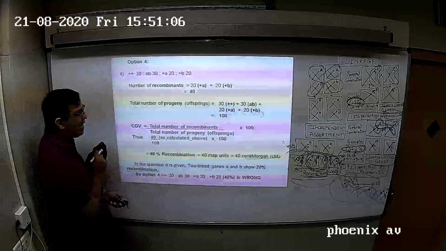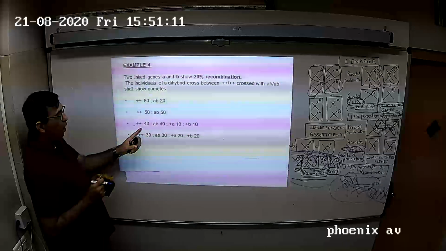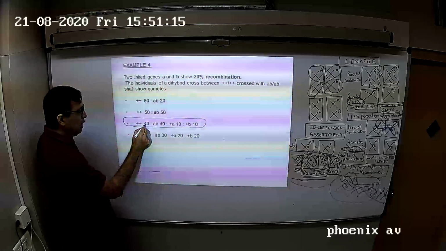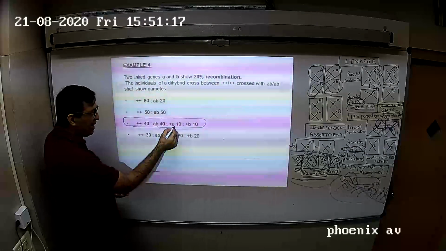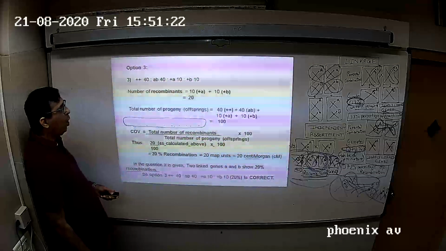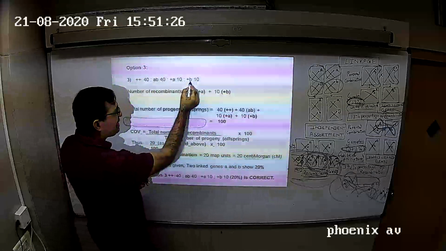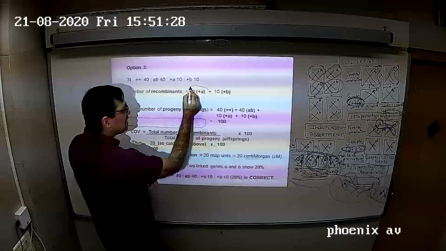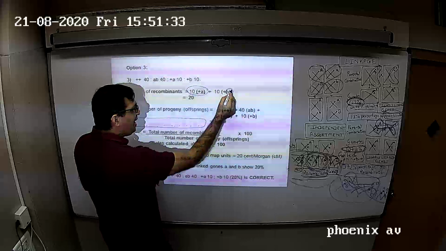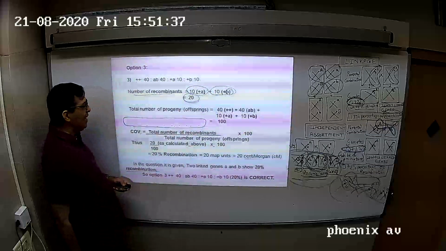And now let's see the third option. Plus plus is 40, AB is 40, plus A is 10, plus B is 10. How much is plus A recombinant? 10. How much is plus B recombinant? 10. So the total number of recombinants is 20.